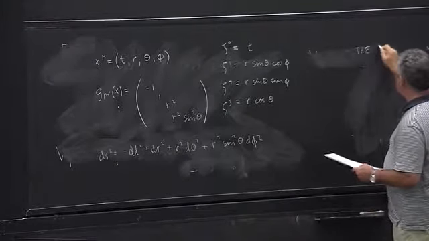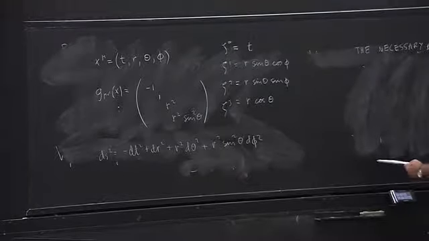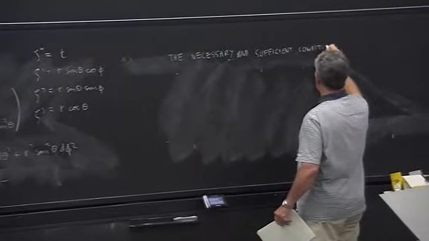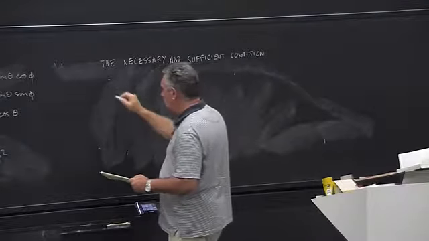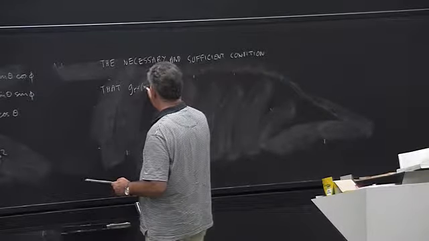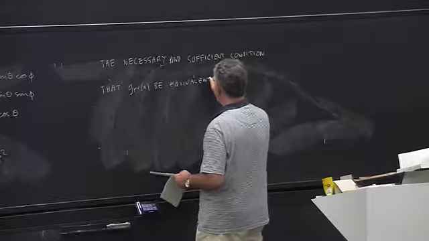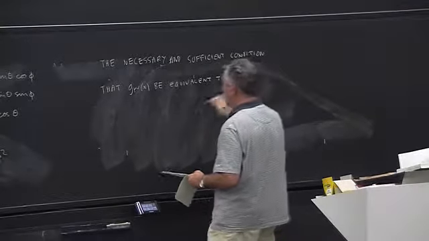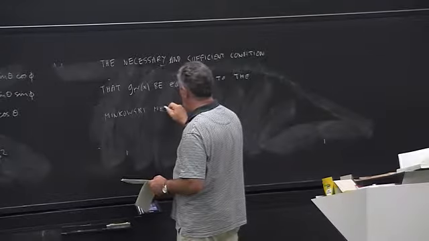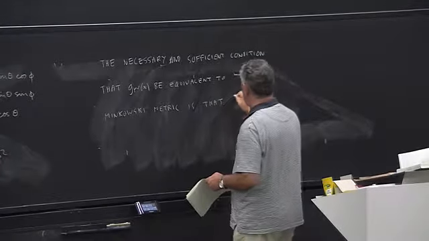The necessary and sufficient condition that g mu nu be equivalent to the Minkowski metric is that the Riemann tensor vanish everywhere.